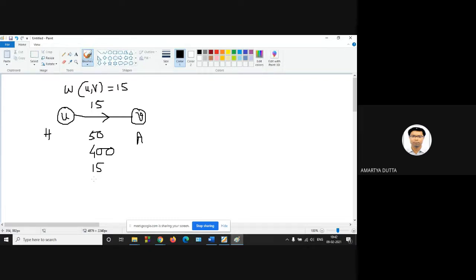Uber Moto takes rupees 60. So which one is minimum? 15 is minimum. So if we choose L238 instead of AC50 or Uber Moto, then the cost gets reduced for this particular path.